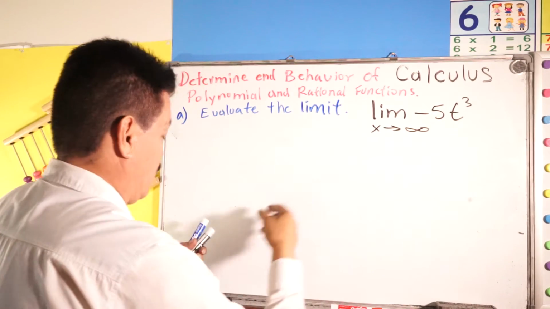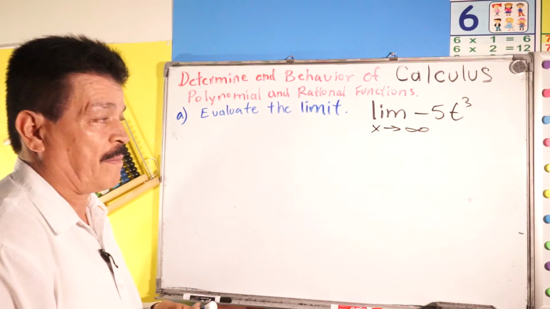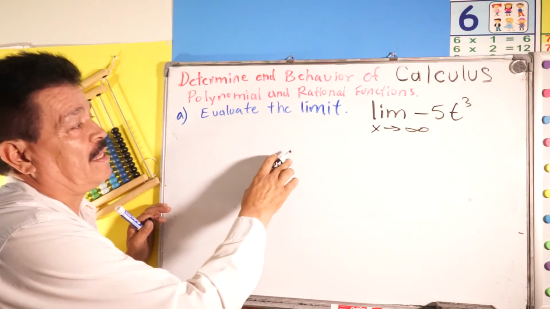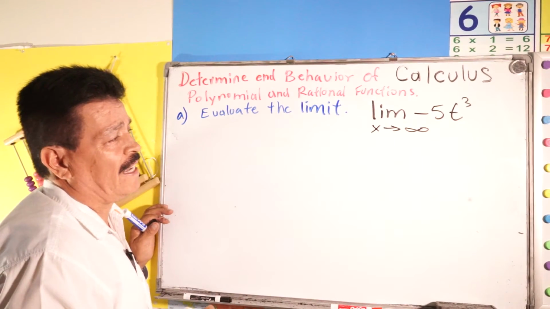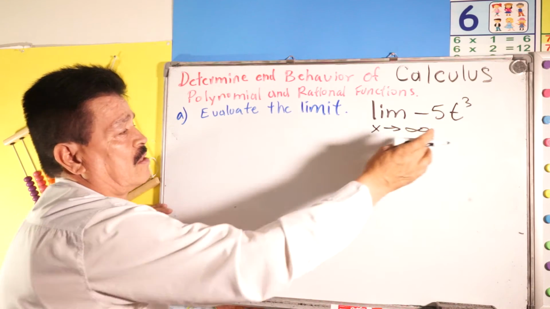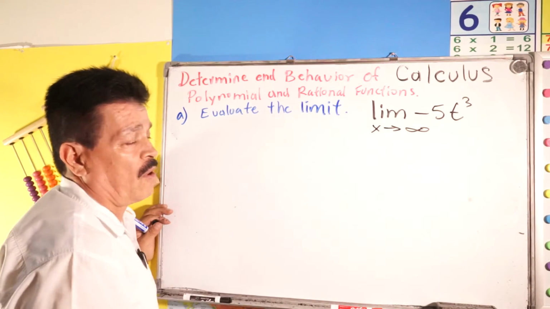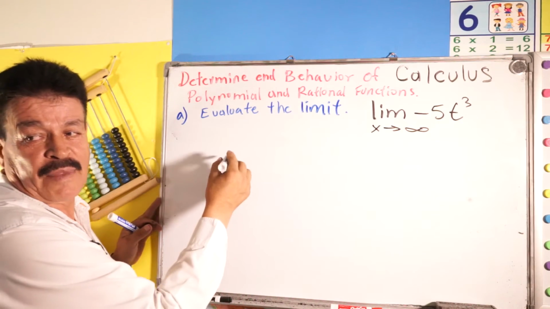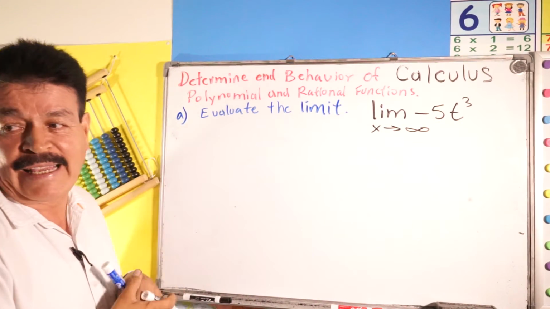Okay, let's try to solve our problem. Only one example. Evaluate the limit of negative 5 x to the third power when x approaches infinity.